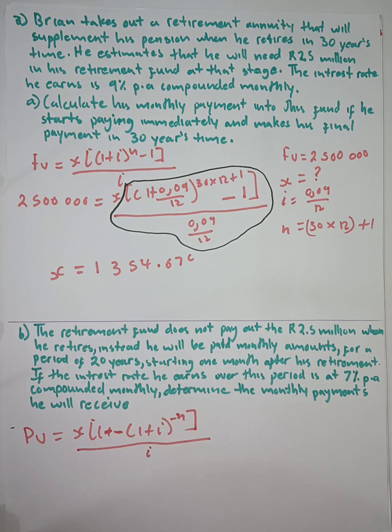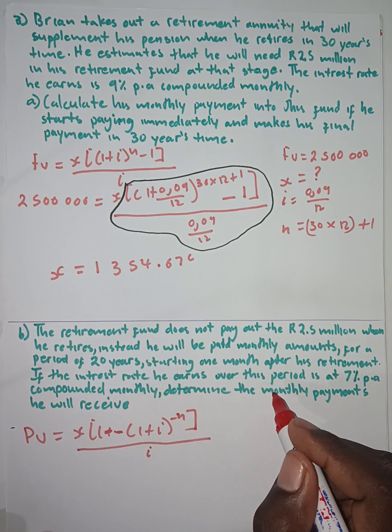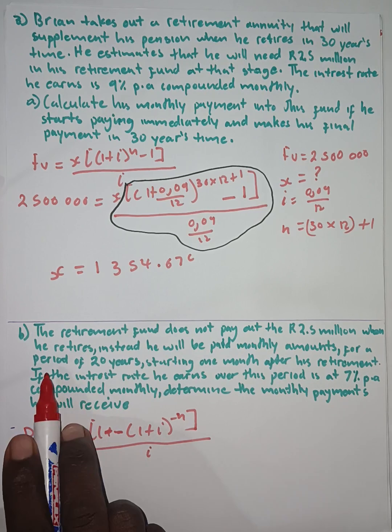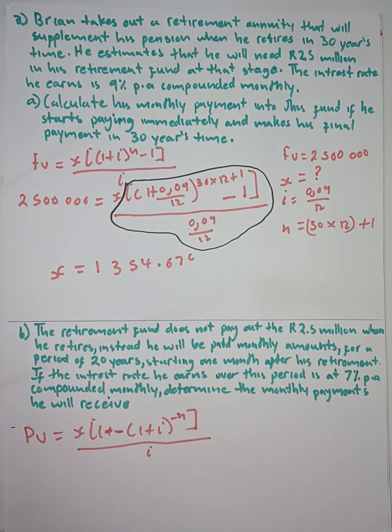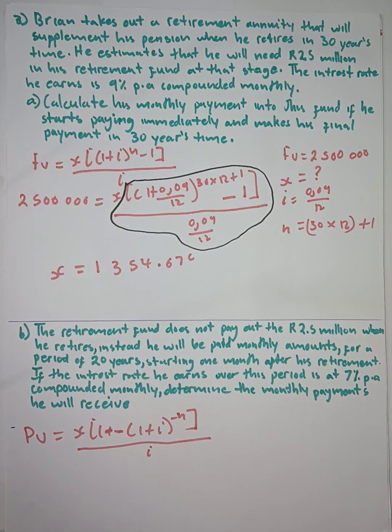Now, they said that the interest rate over the period is 7% per annum compounded monthly. He wants this amount to be 0 in 20 years' time.